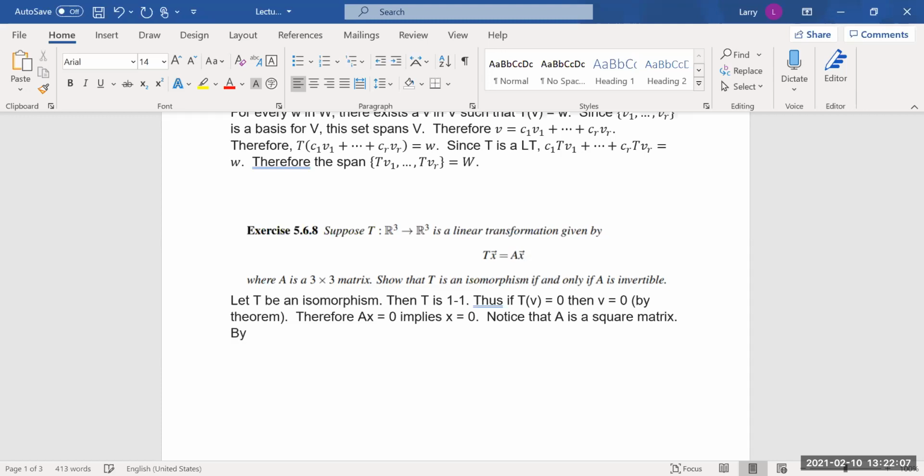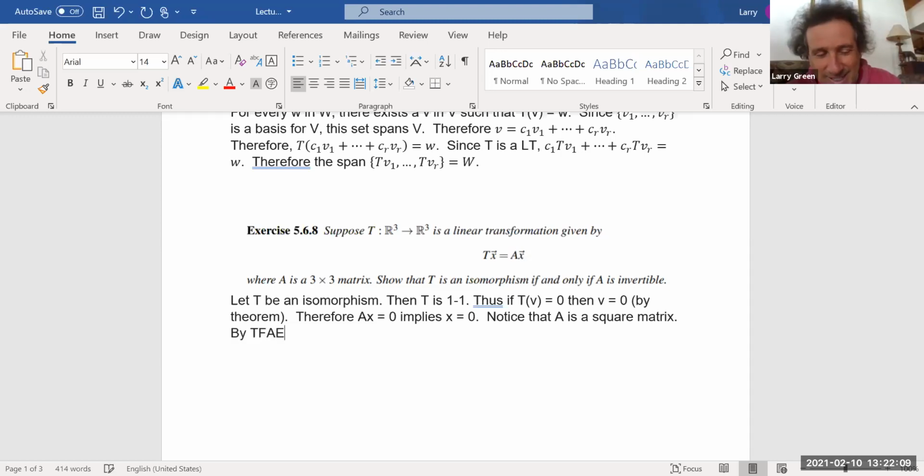Yep, so by TFAE, A is invertible. That was one of them, that the kernel was just 0. Do you remember that? Maybe you don't, but it was one of the long list of things. Okay, so that's one way. Any questions so far? Okay, so next. Now we have to start on the right and end up on the left.